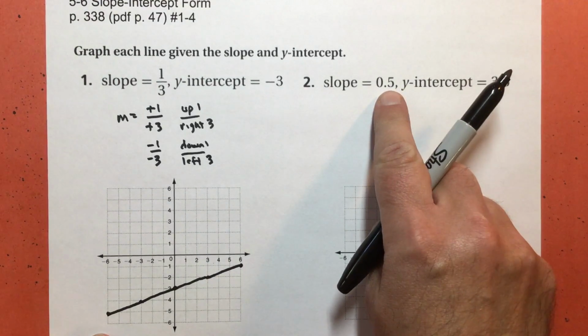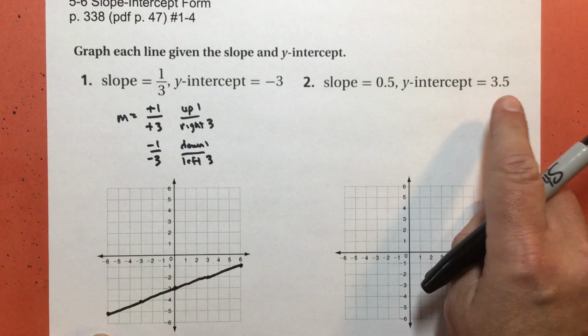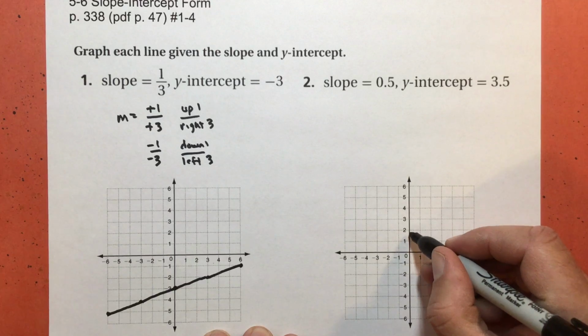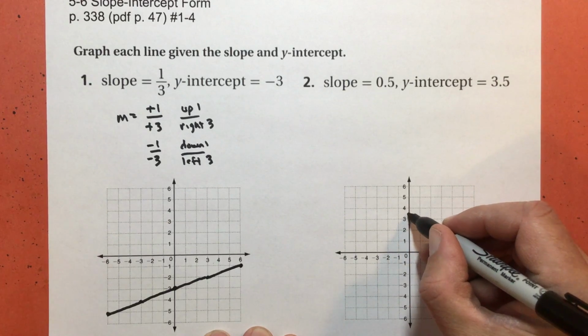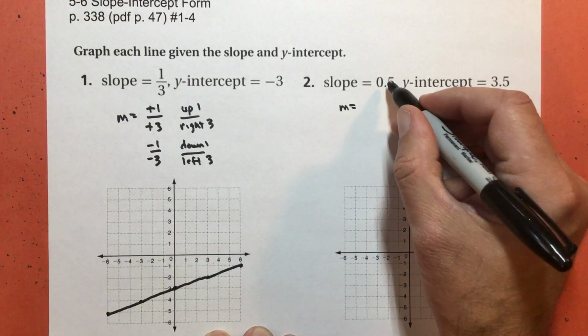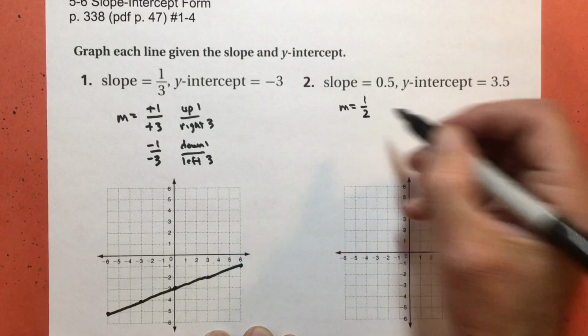Problem number 2, my slope is 1/2, my y-intercept is 3.5. Uh-oh, 3.5. It'll be okay. 3.5 is 3.5, so I'm going to go 1, 2, 3, halfway. My slope is 0.5, but remember I want to write it as a fraction, so I'm going to write it as 1/2.